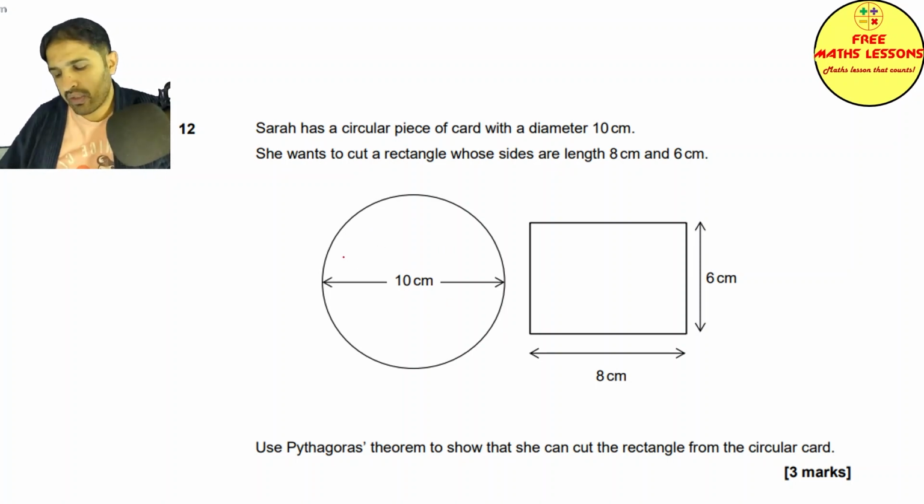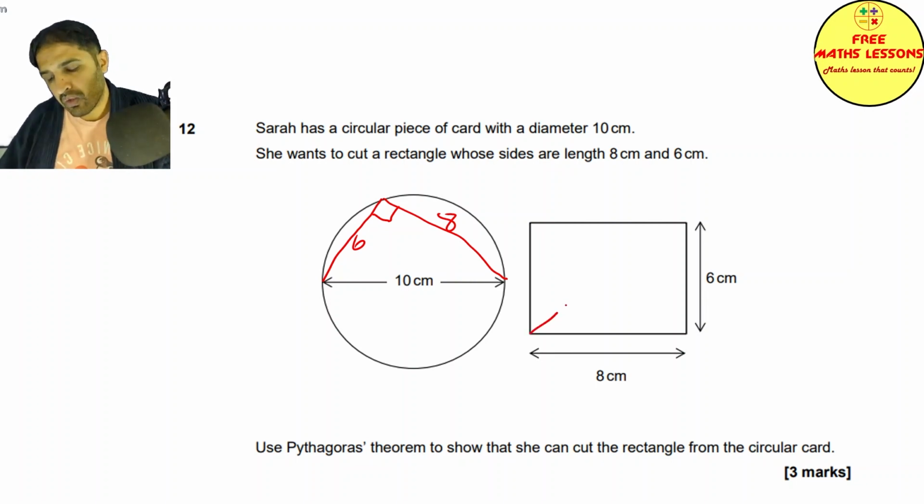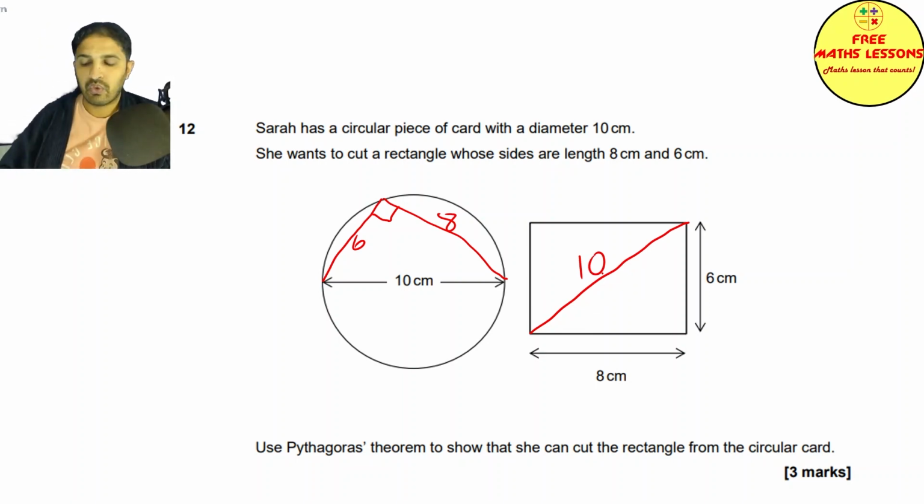But let's just use this diameter and say if I draw the rectangle there like this, then you go 6 by 8 and that's 10 and you get the right angle there. So it's a right angle triangle there. As long as this corner to corner is 10 or less than 10, then you should be able to cut out the rectangle from here.